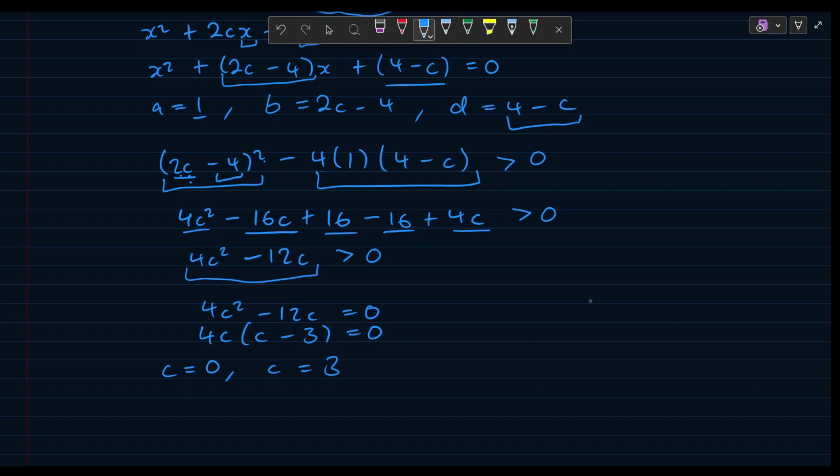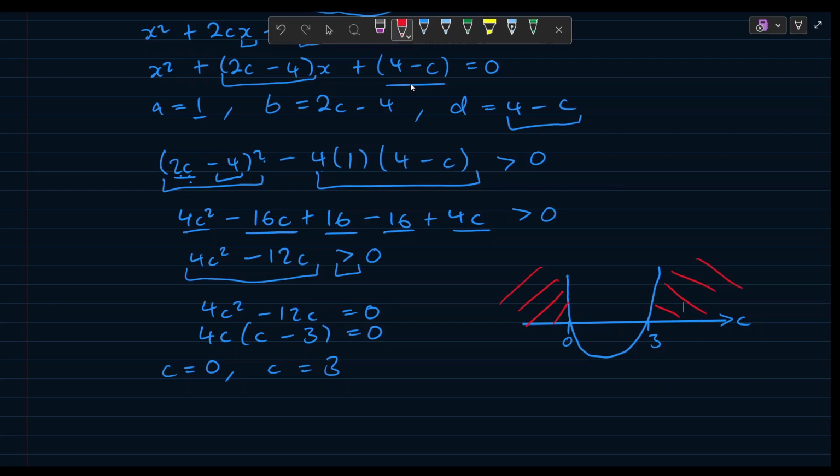And so from here we can sketch a diagram. Since we're dealing with c, this will be the c-axis, and we've got our parabola. Our first intercept is at 0 and our second intercept is at 3. We're looking for that region above our axis, so that's going to be these two regions, these two separate regions.